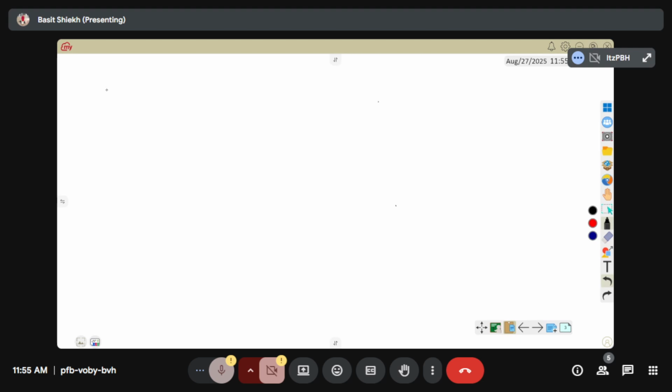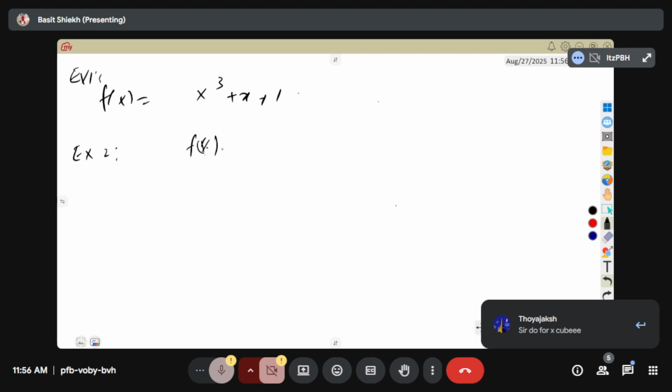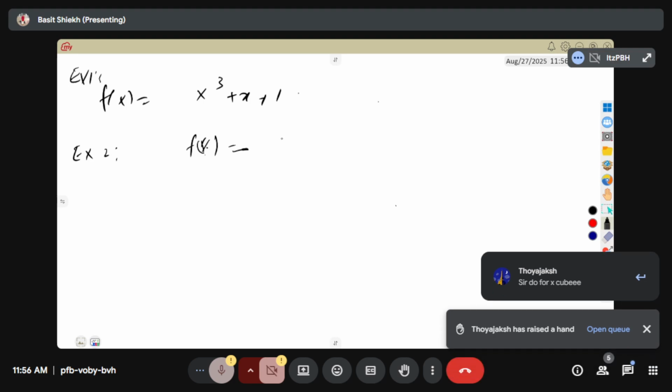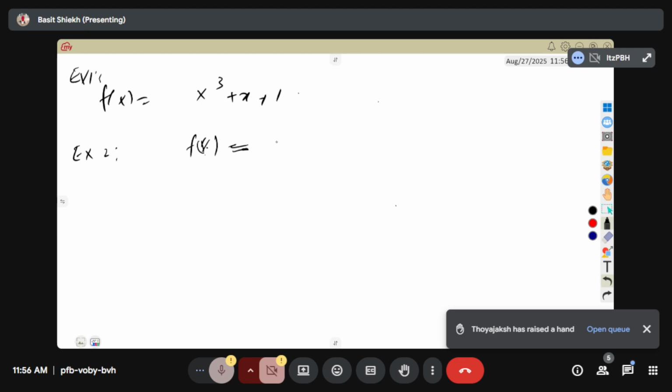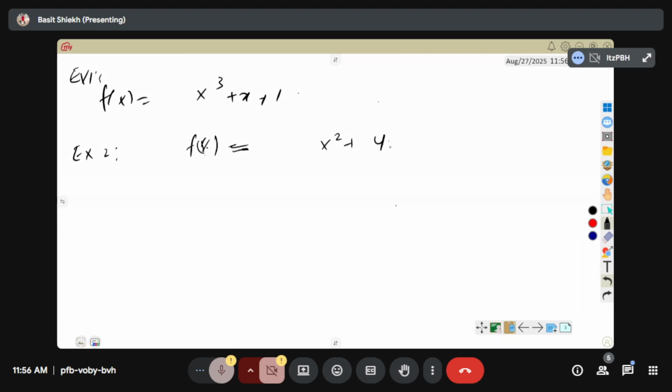Let's consider this function. Okay, try this function on your own. Example 1: x³ + x + 1. Example 2: f(x) = (x² + 4x + 7)/(x² + x + 1), these are from R to R. Check if they are one-one or not.